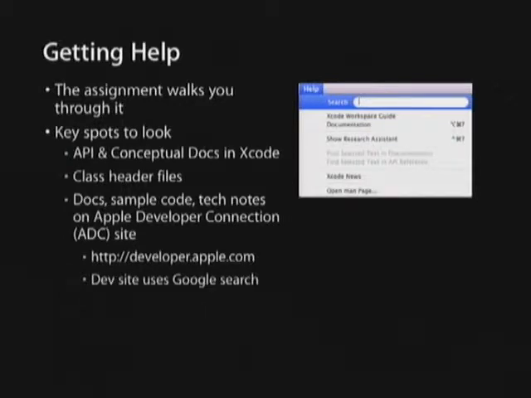But if you go to the help menu in Xcode, the assignment will walk you through it. Take a look. The piece I use the most is what's under documentation. And documentation is all the headers for all the different objects. There's class diagrams. There's all kinds of great information for if you want to explore on your own. And I would encourage you to go there.